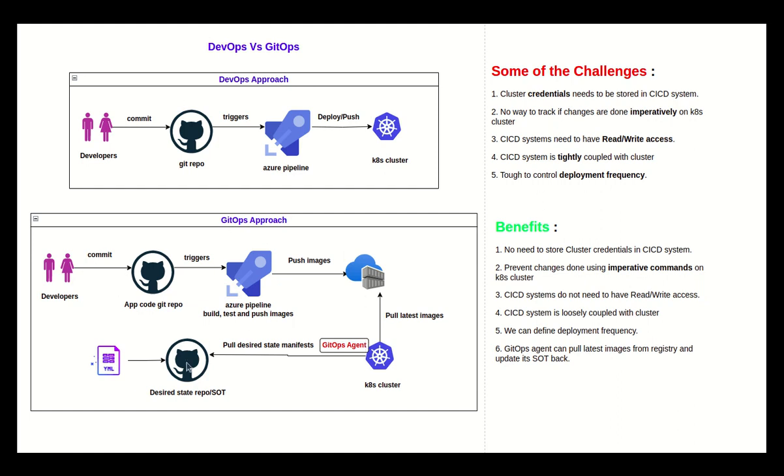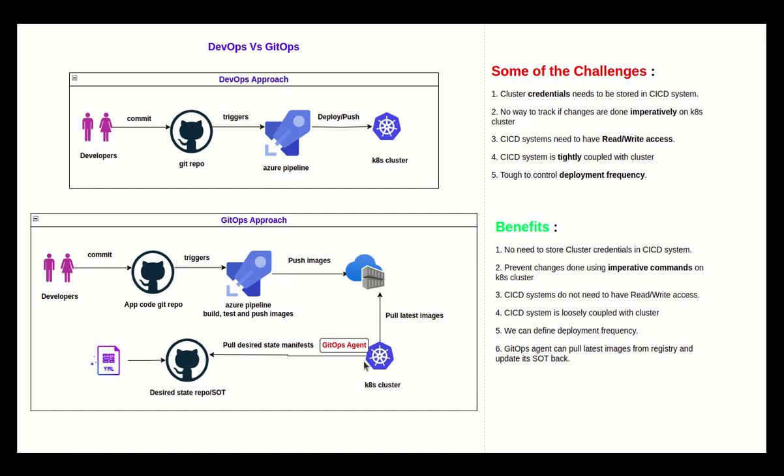So this approach mainly works on a pull based system. Here we are pushing, here we are pulling. Some of the benefits of this approach are, now this CI/CD system need not store cluster credentials, and it prevents changes done using imperative commands.